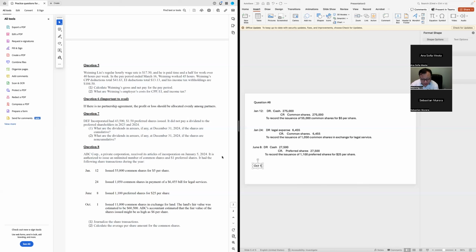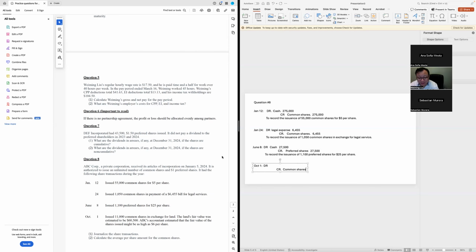October 1st. They issued the common shares in exchange for land. What should I debit? What should I credit? Credit common shares. Debit land. Good.